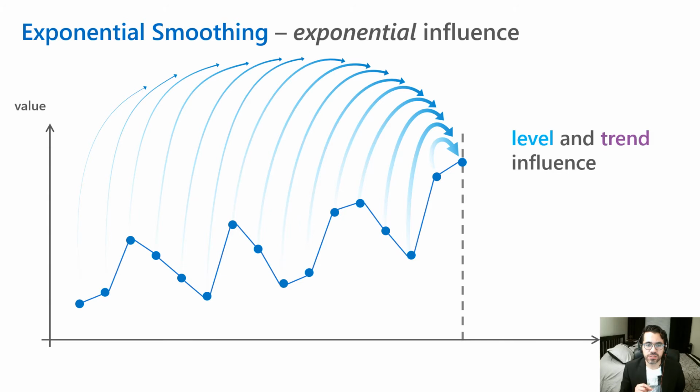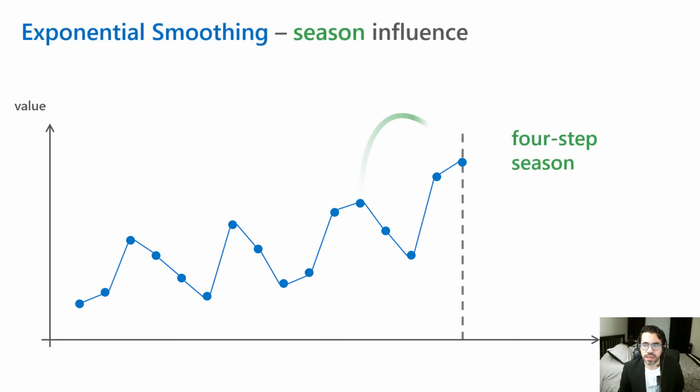This is used to actually determine the level and the trend for the model. Additionally, the seasonal influence is really similar, but you may just think about it in this case. Let's say that you have 4-step seasons. Every 4 time steps, you have a cycle that repeats, and you can set this.